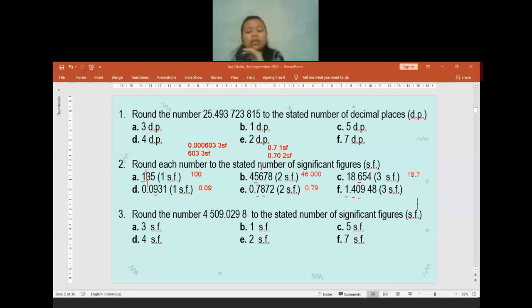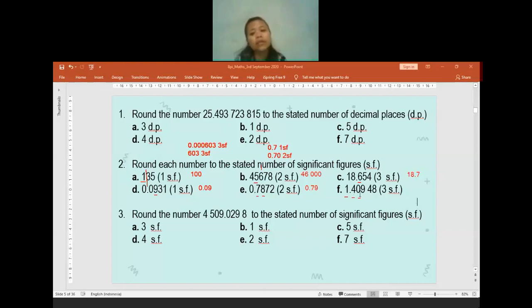Can you please make your question clearer, because I do not understand? Maybe you can unmute yourself and tell me. If we find a 0 between two significant digits, like here we have 1.409, the 0 is in between 4 and 9.